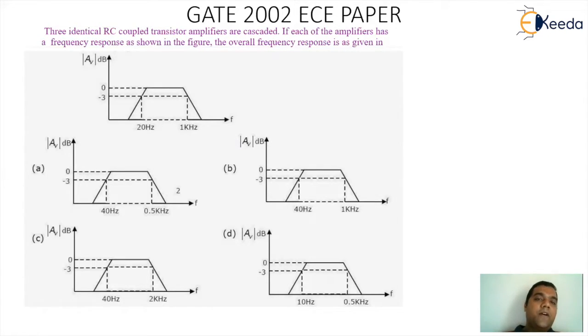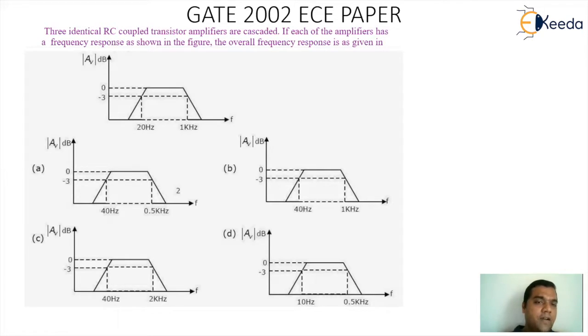If three amplifiers having the same frequency response are connected in cascade, then what will happen to the overall frequency response? We are given four options: A, B, C and D, where if you observe, the graph representation in all four graphs is the same, but the cutoff points are different.